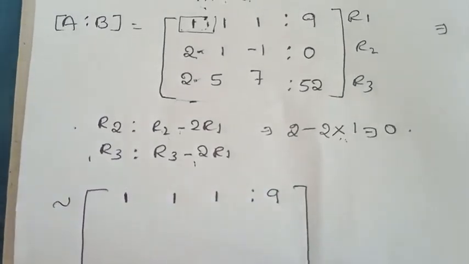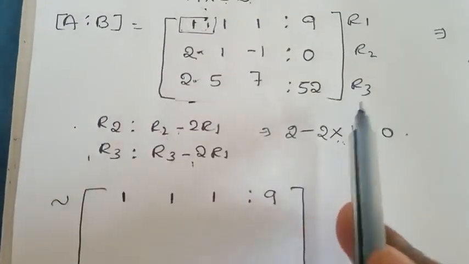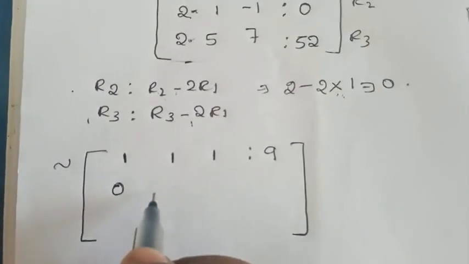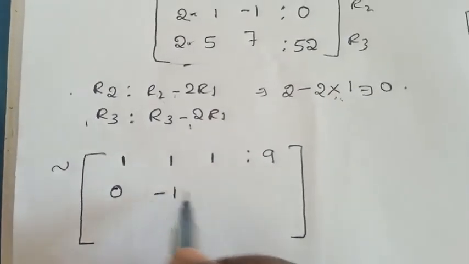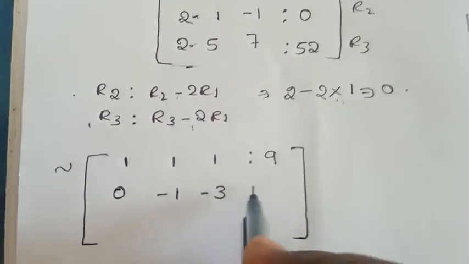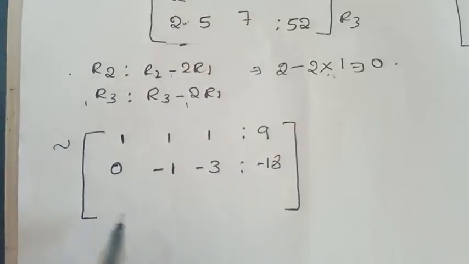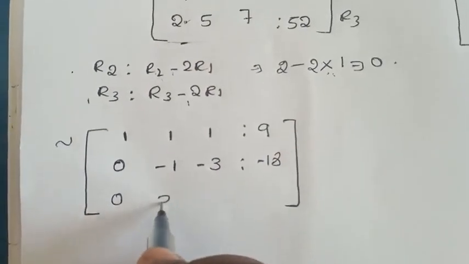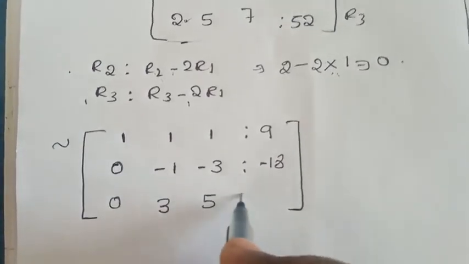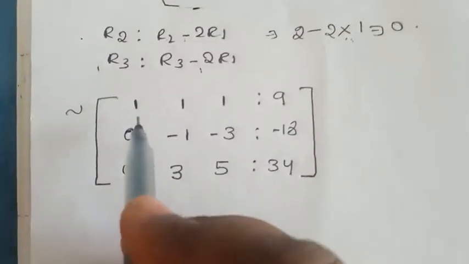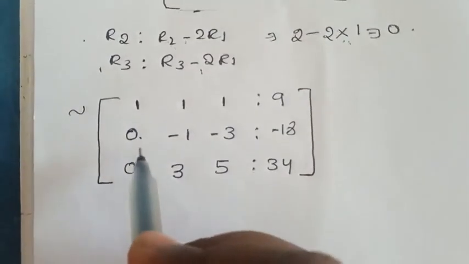The first row will be the same as it is. We are applying only for row 2 and row 3. So next it will be 0, minus 1 and minus 3 and minus 18. Then 0, 3, 5 and 34. Okay, so we made this 0.